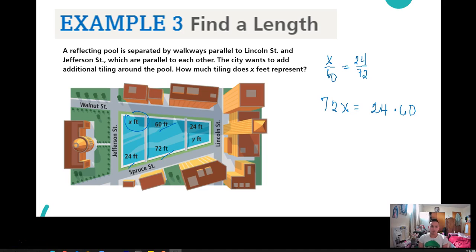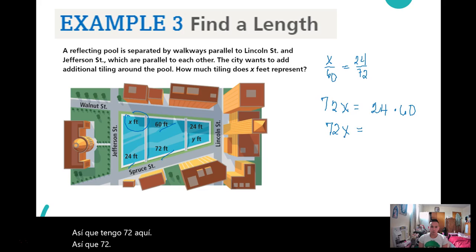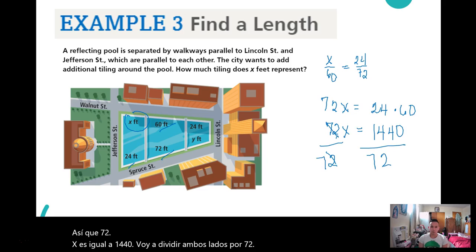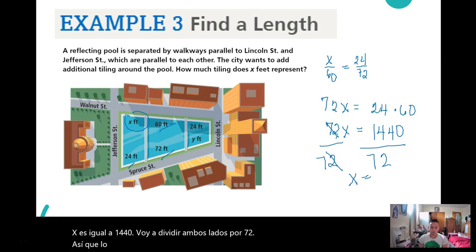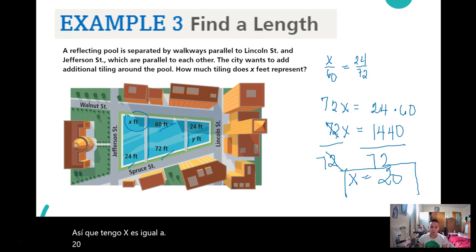So 72x is equal to 1440. I'm going to divide both sides by 72. So I have x is equal to 20. I'll just box that: x is equal to 20 feet.